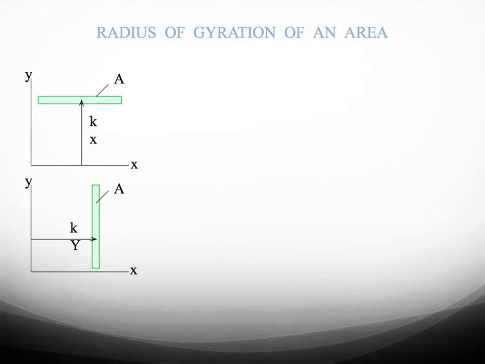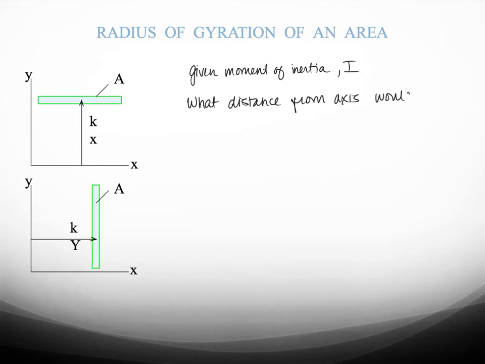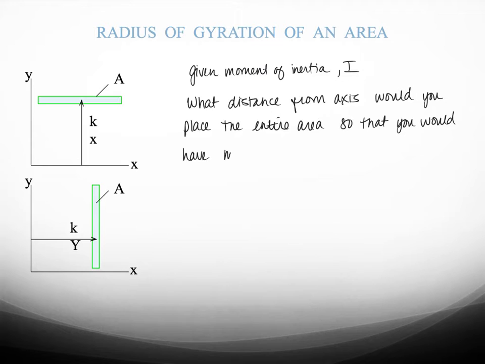Basically the idea is, you have a given moment of inertia, and let's just call it I. What distance from the axis would you place the entire area so that you would have the same moment of inertia?